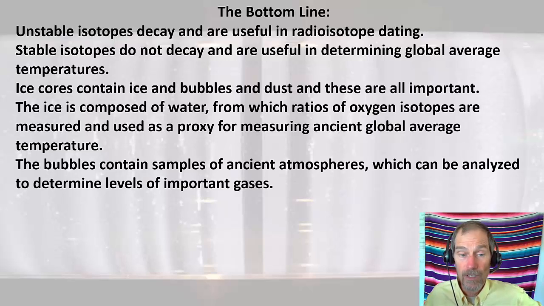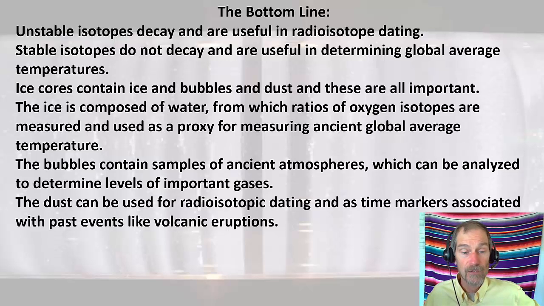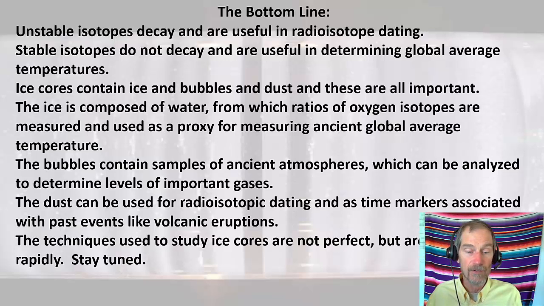The bubbles contain samples of ancient atmospheres, which can be analyzed to determine levels of important gases. The dust can be used for radioisotopic dating and as time markers associated with past events like volcanic eruptions. And the techniques used to study ice cores are not perfect, but they are getting better rapidly, so stay tuned.